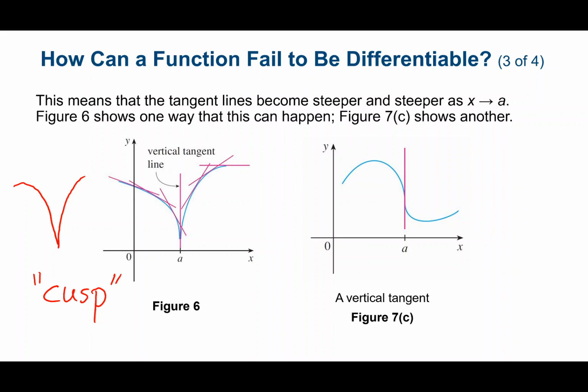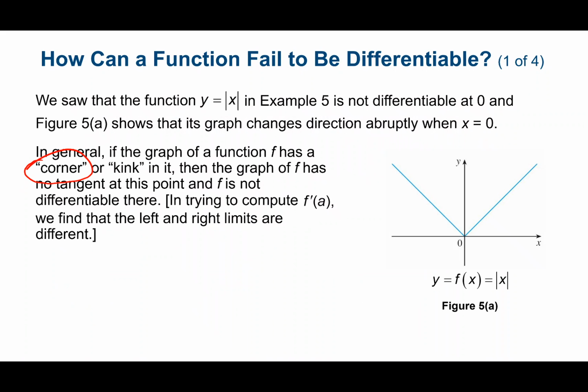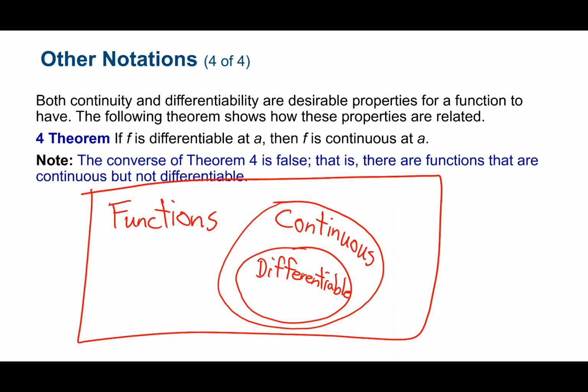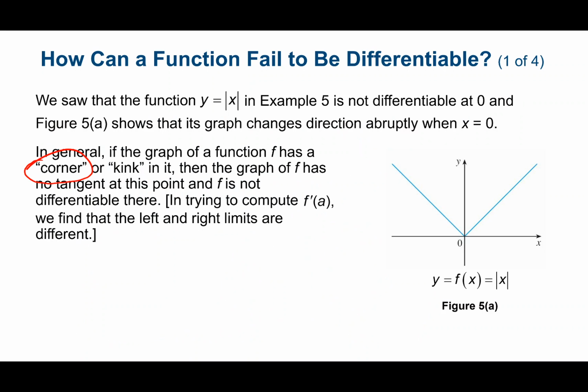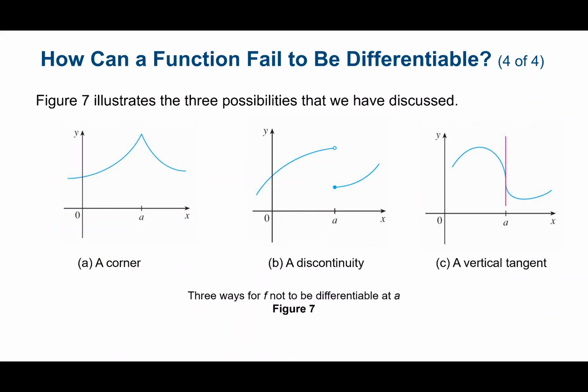Or we'll go back to our theorem or to our picture. What other way could we have a function that's not differentiable? If it's not continuous. So anywhere we have a discontinuity is also a place where our function is non-differentiable.